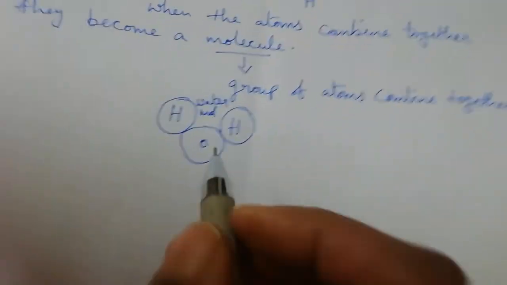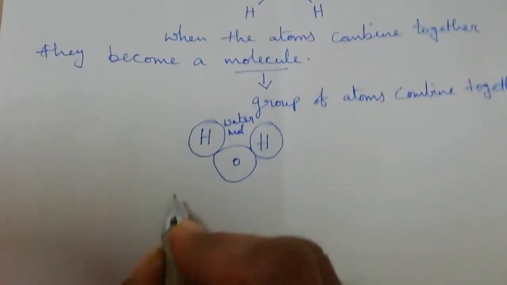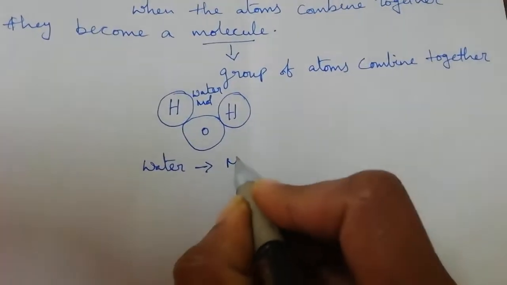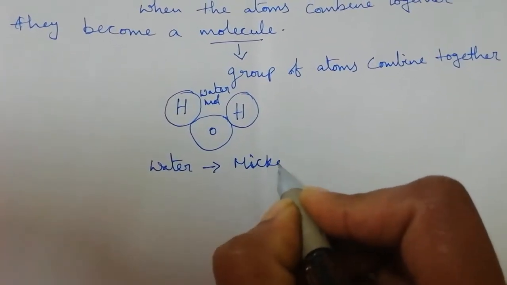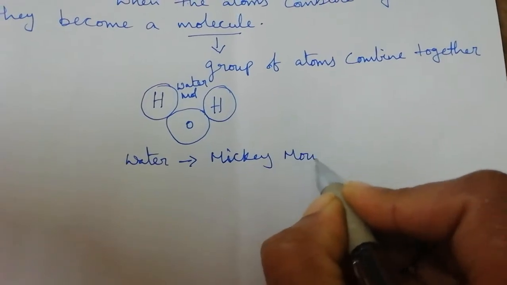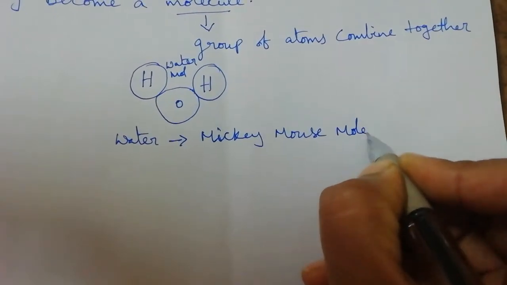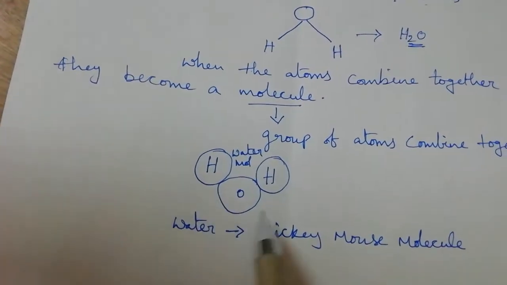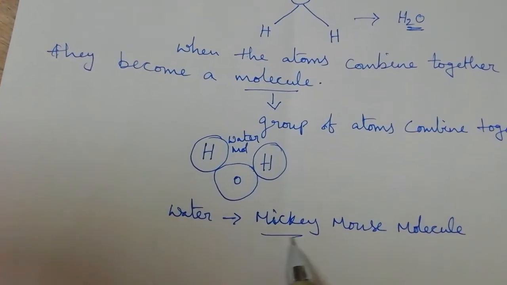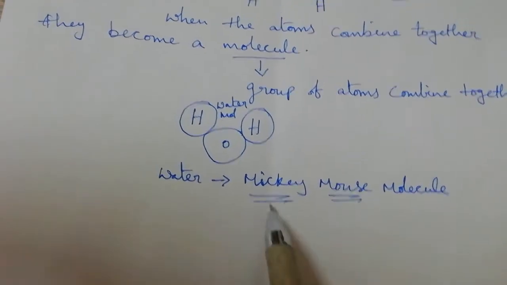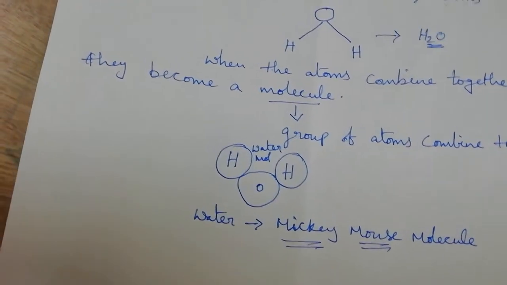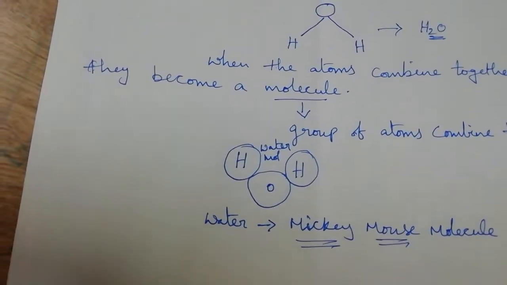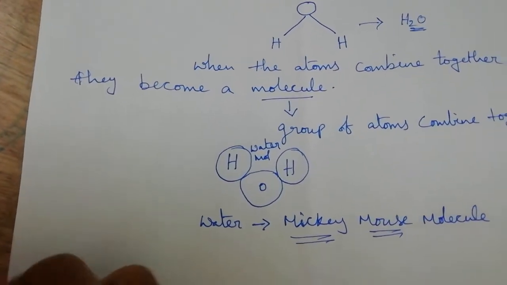So how does it look? Simply, we can say water is the Mickey Mouse molecule. For primary kids, if you introduce this type of diagram, comparing it with Mickey Mouse, then they will easily remember the structure of water.